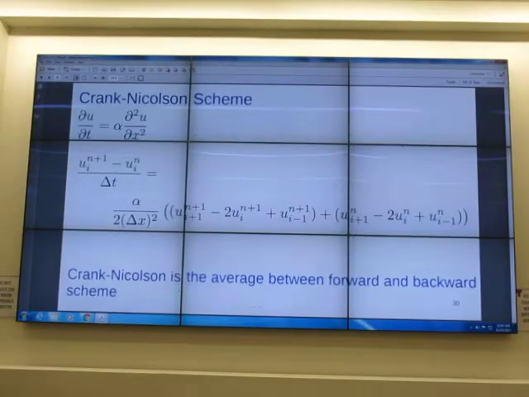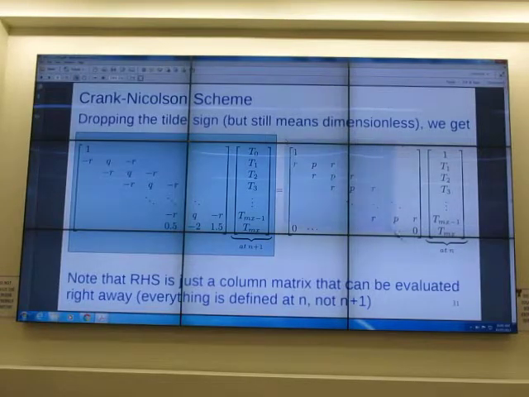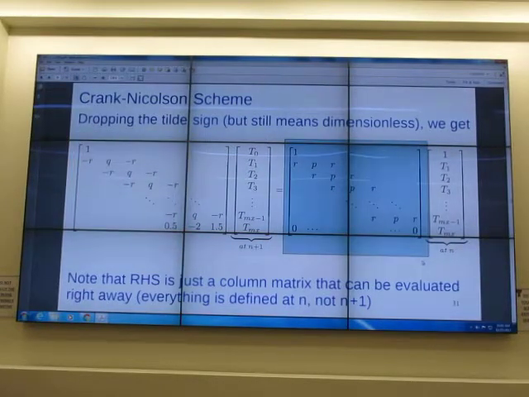And then we talked about Crank-Nicholson. In Crank-Nicholson, the right hand side is just this term and that term. When you do a little bit of math, this is the same as the backward scheme, and this is the same as the forward scheme. So these two matrices you just multiply to each other so that you get one matrix, known and defined at n.